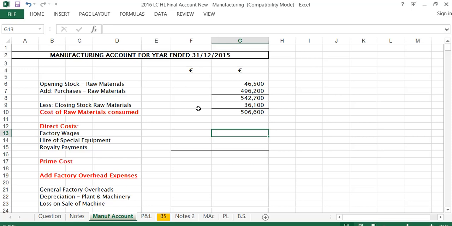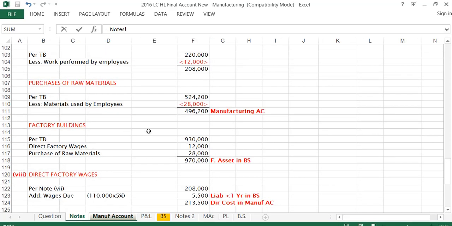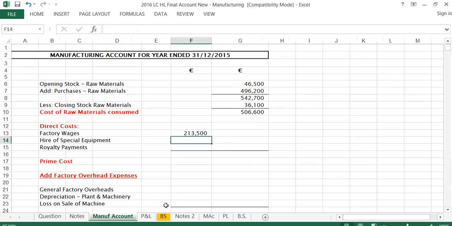Next, I'm going to have to do my direct costs. So my first direct cost is direct factory wages, and there was a change to that. If I go back to my notes, I will see direct factory wages are 213,500. I'm going to have hire of special equipment, which from the trial balance is 35,700.